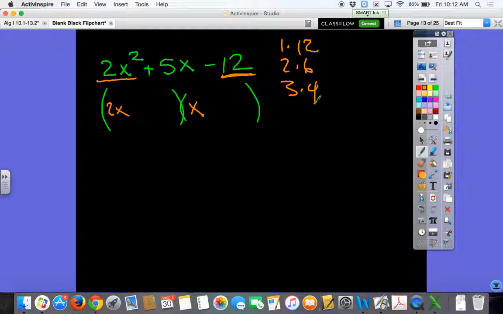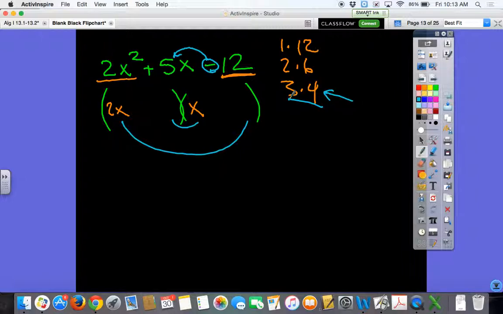Okay. Again, my advice: if you don't know where to start, go with the closest pair. Now, we've got to position these things so that the middle terms subtract to 5. So they can't be too close. If I'm going to start with the 3 and the 4, if I did 3 times 2, that would take me to 6, and that would be 4 times 1. 6 minus 4 is not big enough.